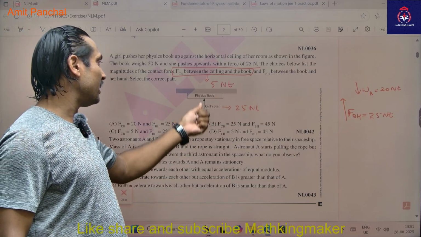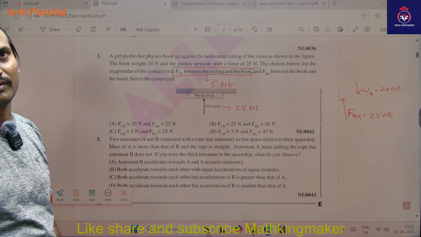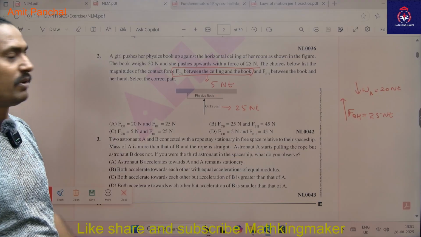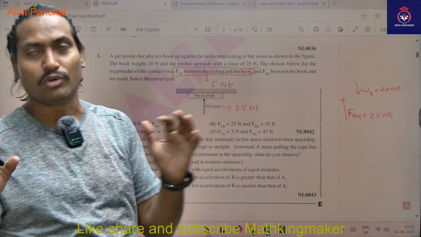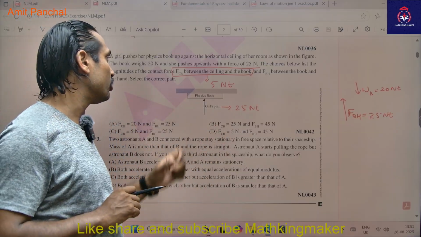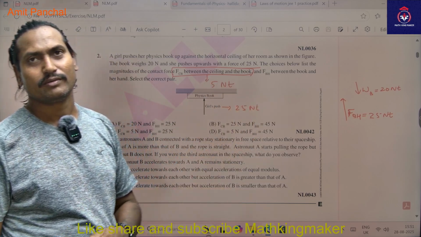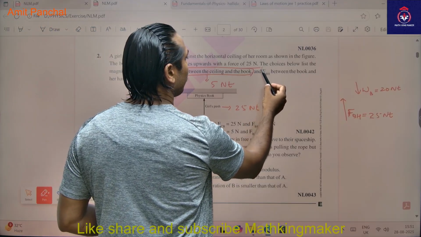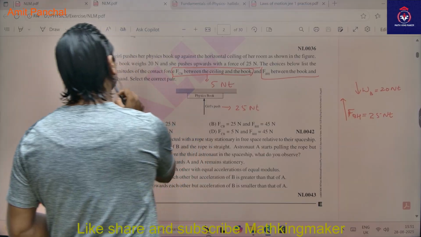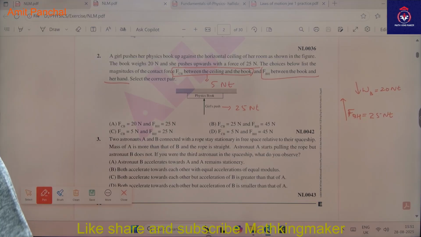Because the force applied on the book is 25 Newton. But the book is also applying a force, right? The book is also applying a force, but he is not bothered about that. He is only bothered about the force the girl is applying on the book. Clearly he is asking you FBH, between the book and her hand. Just one force. That is 25 Newton.